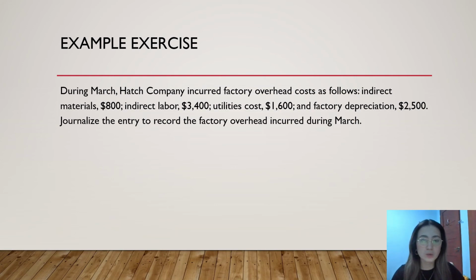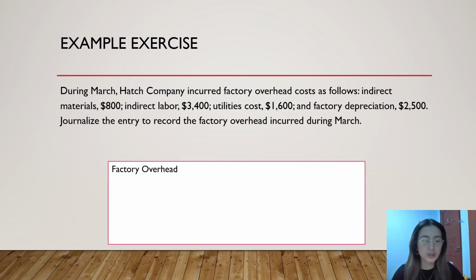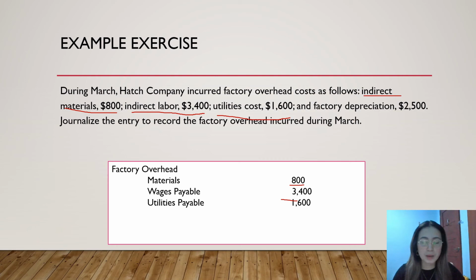So to journalize this one, we debit the factory overhead, and for indirect materials, we will record that as materials 800. For indirect labor, we will record that as wages payable 3,400. For utilities cost, we will record that as utilities payable 1,600.